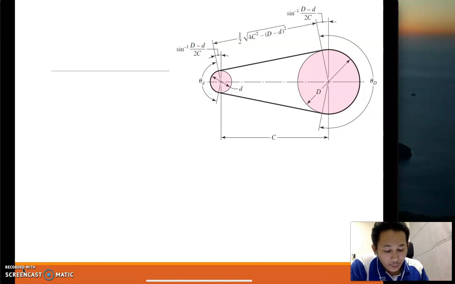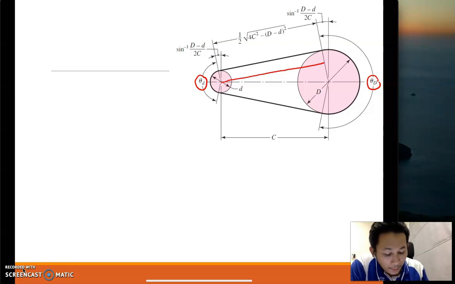Okay, so this is the line that is parallel to the line here. So we have theta d, and theta D, bigger D and small d.